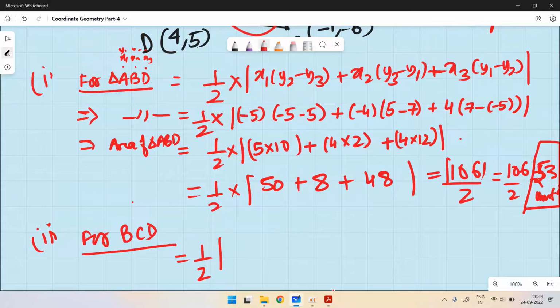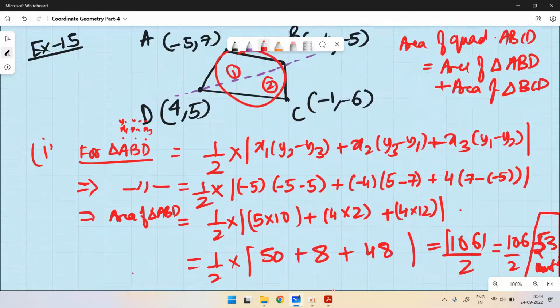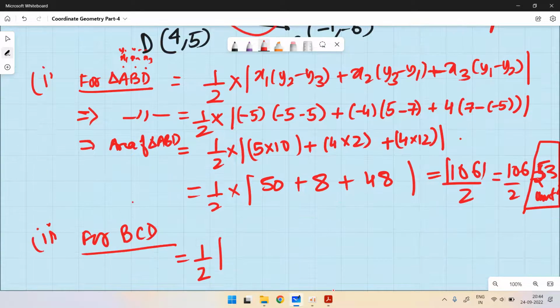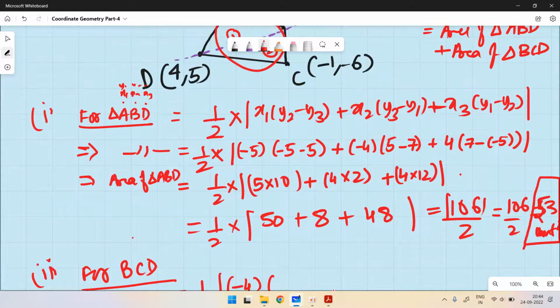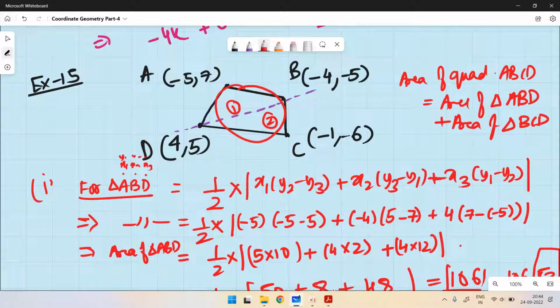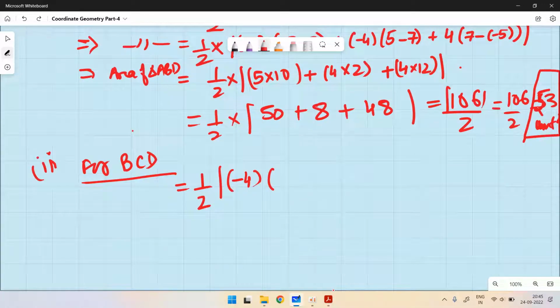What is x1? I'm taking B as x1, so this is minus 4 into y2 minus y3. Y2 is minus 6 minus 5.